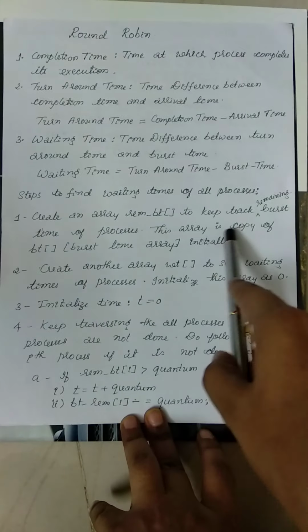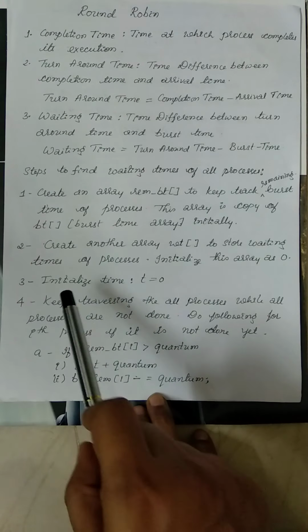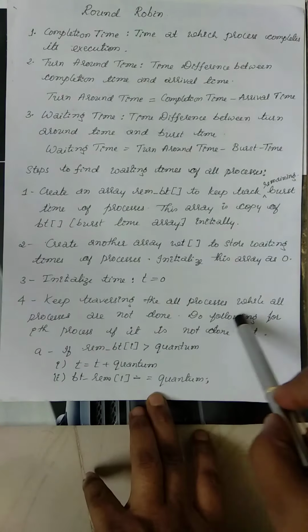Next, create another array called waiting time to store the waiting time of processes, initialized to 0, and also initialize time to 0. Then keep traversing all the processes in the ready queue while all processes are not done. Then follow the code given here.